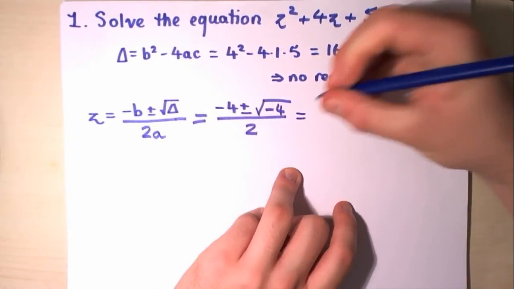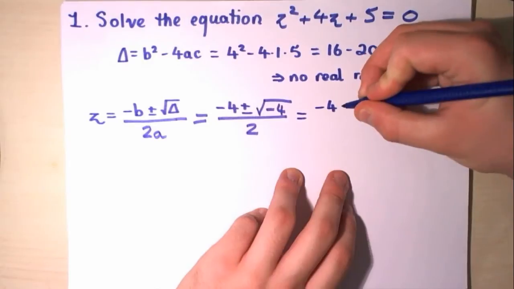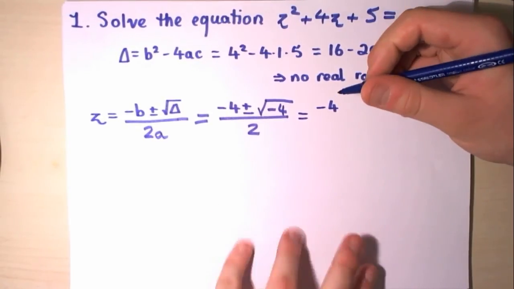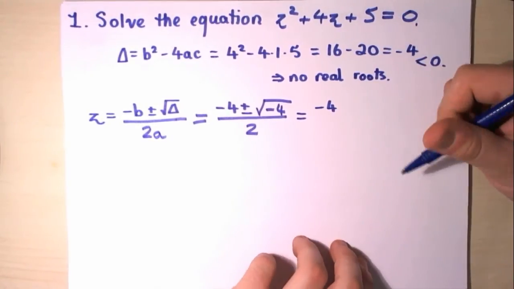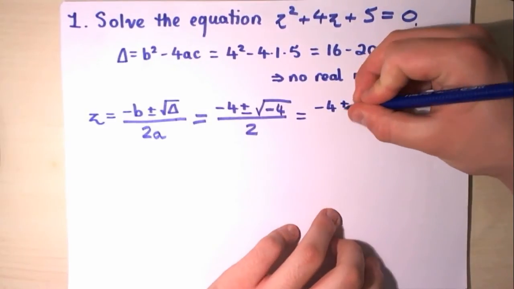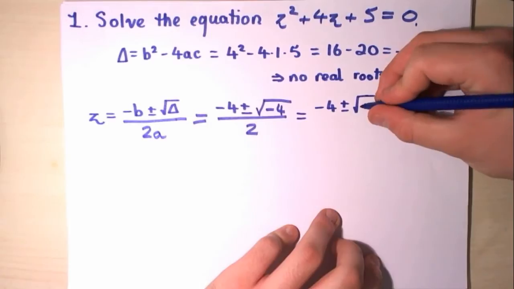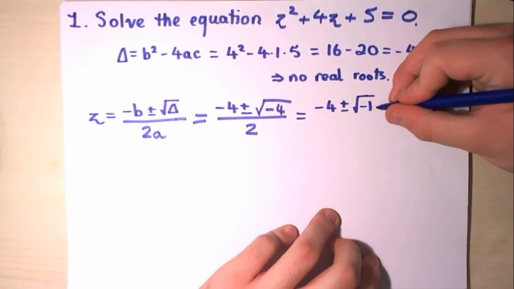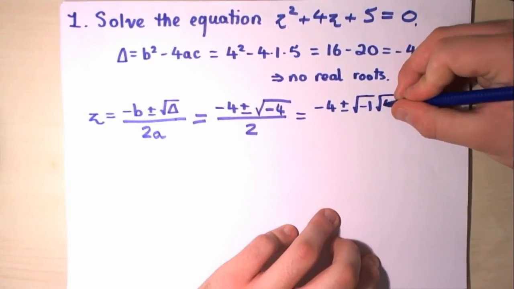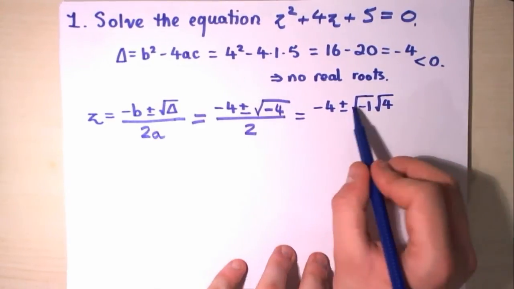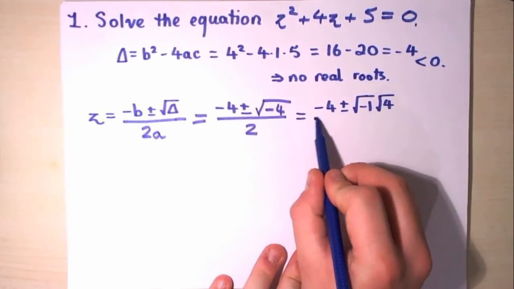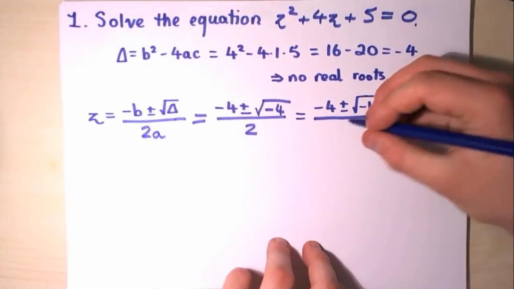And what we can do here to make sure we get the imaginary number i in our solution is to rewrite the root of minus 4 as root minus 1 times root 4, over 2.